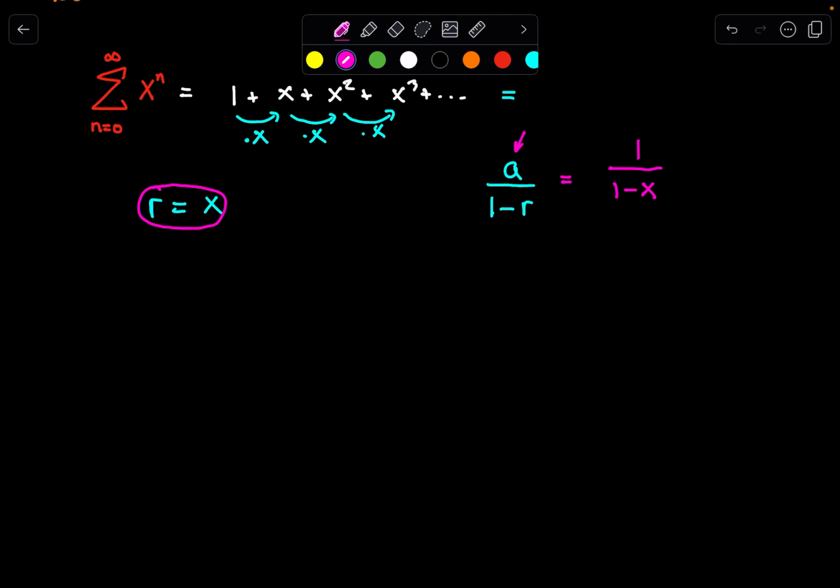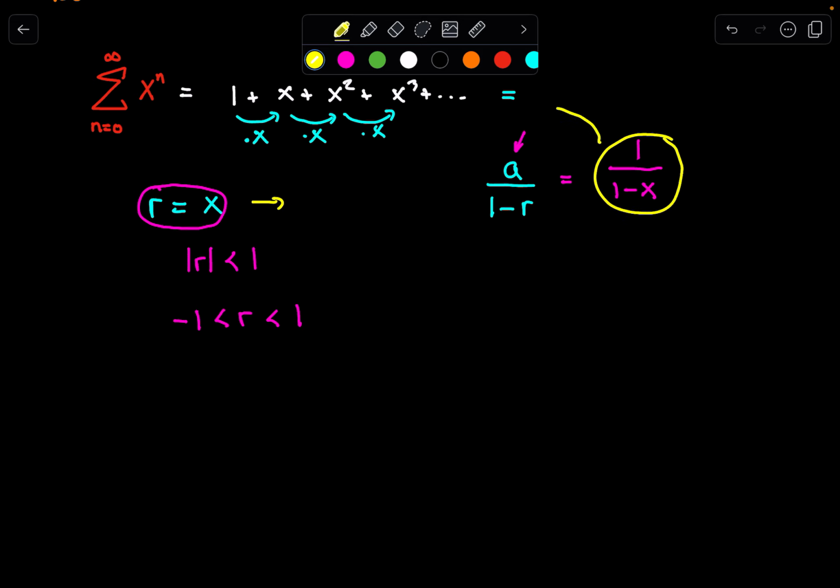Well, it has to be true that the absolute value of r is less than 1, or in other words, that r is between the values of -1 and 1, right? That our common ratio has to be such that all of the terms are getting smaller and smaller and smaller and eventually approaching 0. So inherently, that tells us that this convergence holds, right?